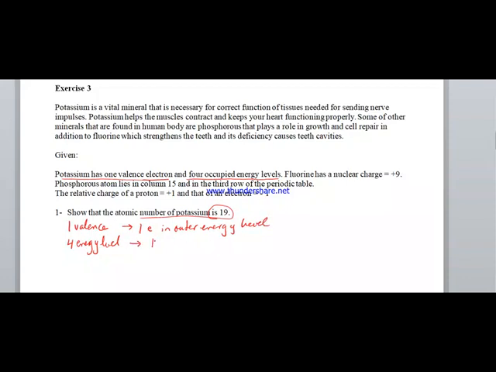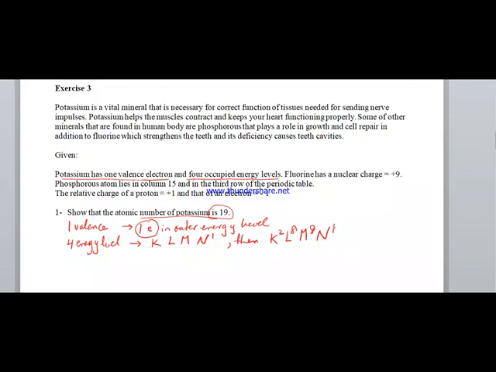For the energy levels, we have K, L, M, and N. And the 1 electron in the outer energy level, we have here 1. Then the other energy levels will be completed: K by 2 electrons, L is completed by 8, M is 8, and the last energy level is 1.